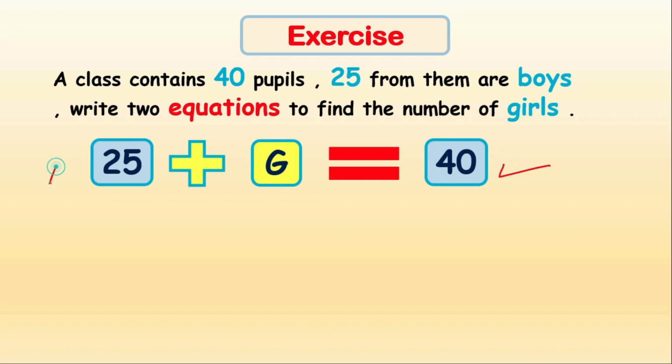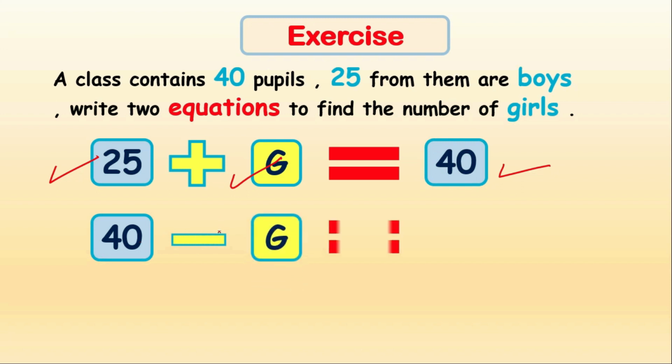So we have number of boys plus number of girls equals total number of pupils. Although we can write another equation using subtraction. How? By subtracting: the total number of pupils, 40, minus the number of girls, we get the number of boys, 25.